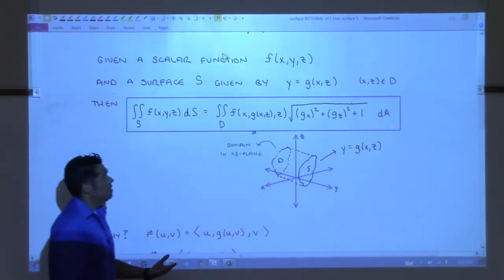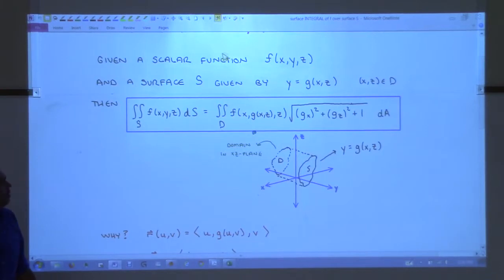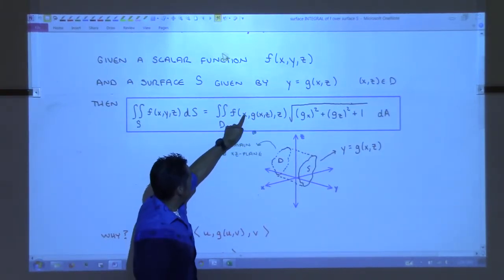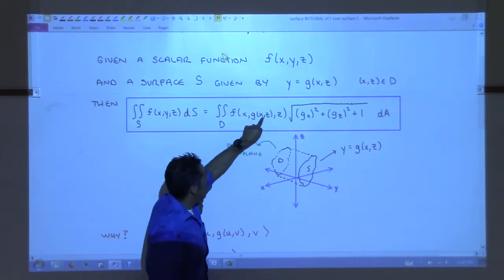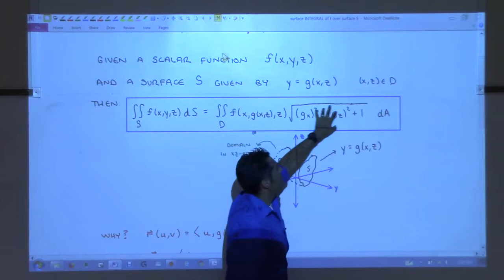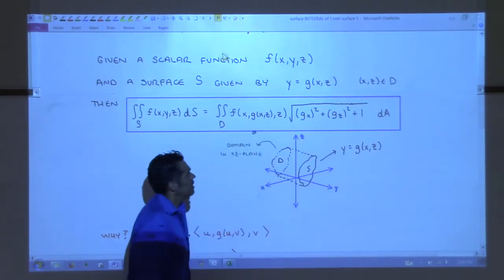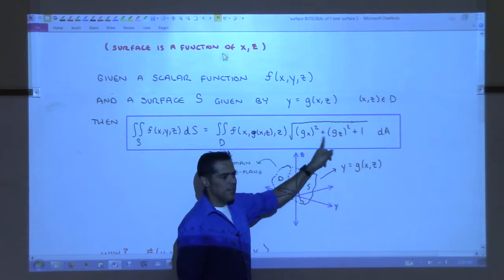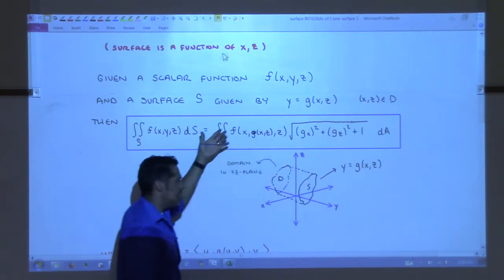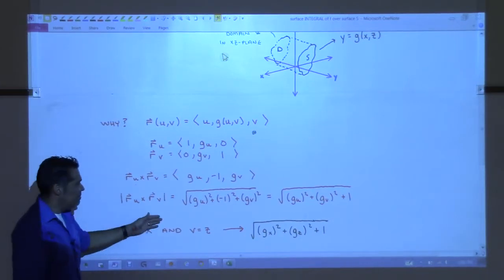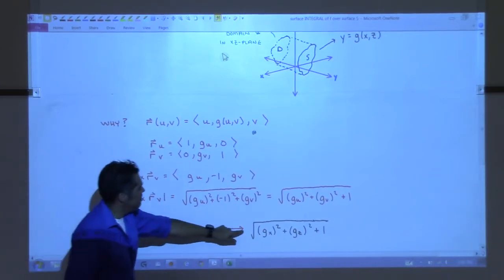Then you can also do a surface integral. Same way, you evaluate your scalar function at x, at y, which is your function of x and z, and then z, and then this part right here, again, changes. It becomes something different. So it's very similar to the previous formula, but there's a couple of differences in the partials. Okay, so it's just another shortcut. And then I go through and I explain where that all comes from, the computation to get this piece.